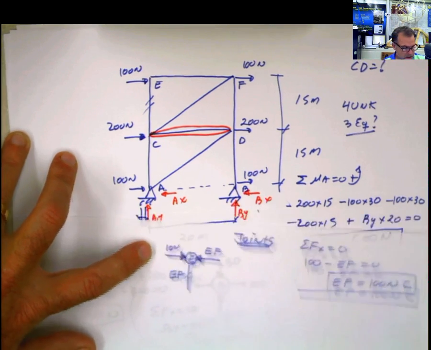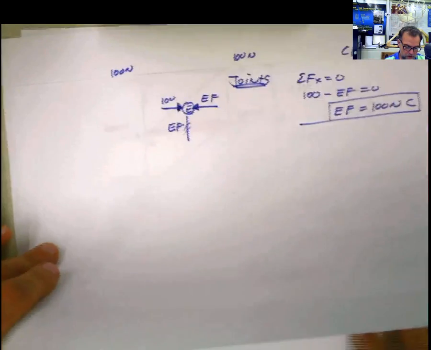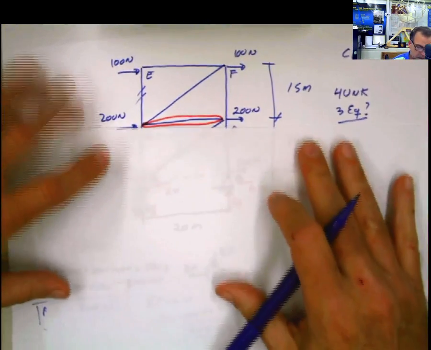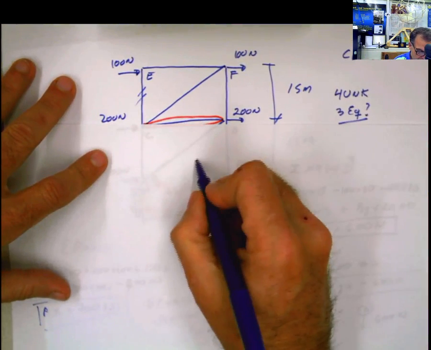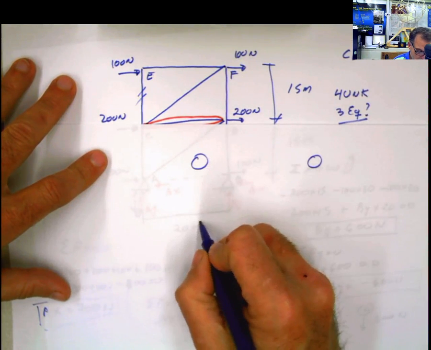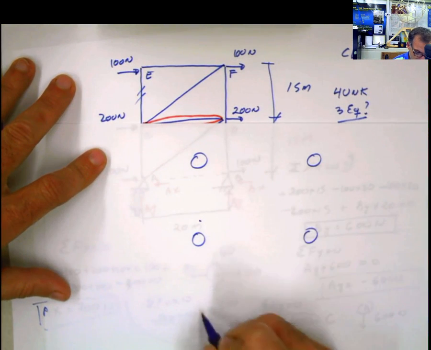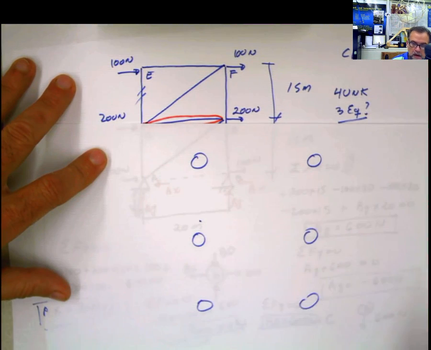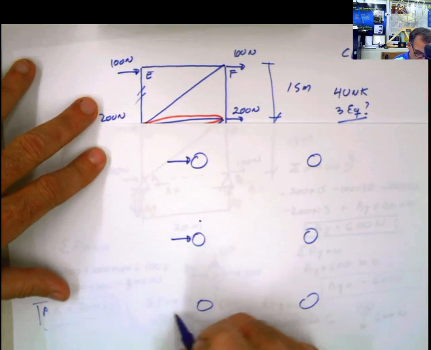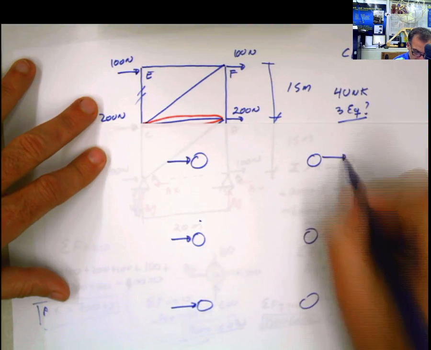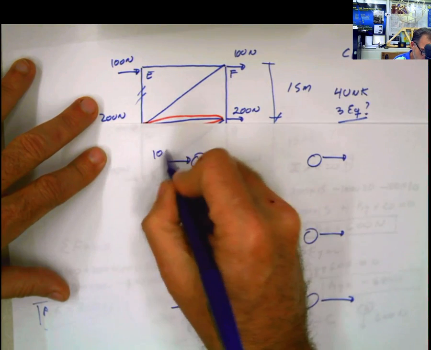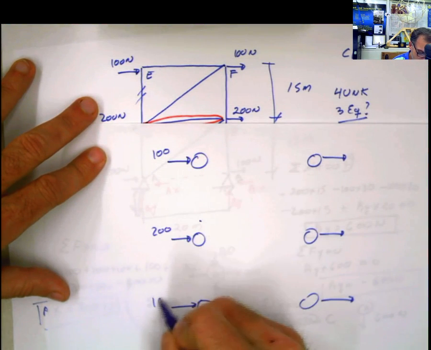One of the things that I like to do when I do the truss, if it's a big truss like this one, I like to do a schematic of that truss with all the joints here, something like this, and then I put all the joints with the external forces that I have applied to those joints. 100, 200, 100.